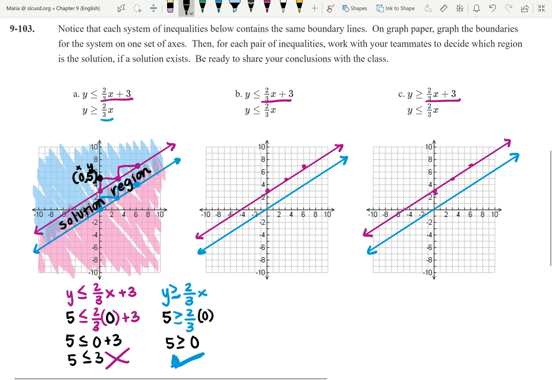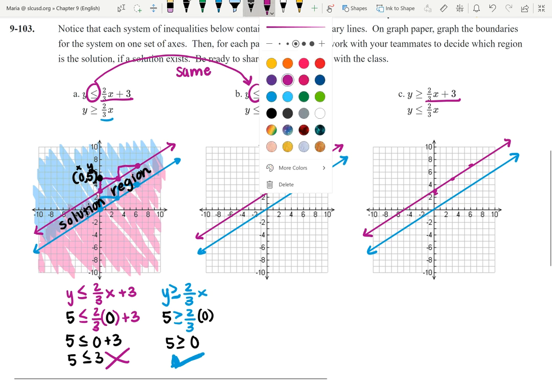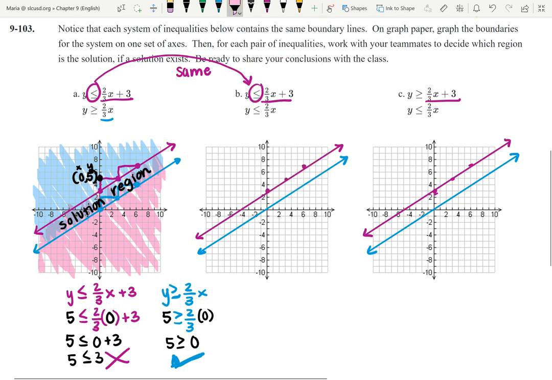And I don't have to test points in this case because I can use context clues from the inequalities to graph. Similarly to the previous lesson, 9.4.1, I know that from part A to part B, the inequality symbol has stayed the same for this first inequality drawn in pink, so I'm still going to shade below the line.